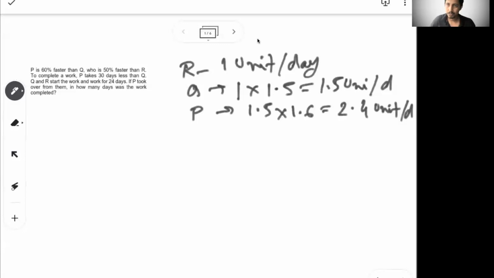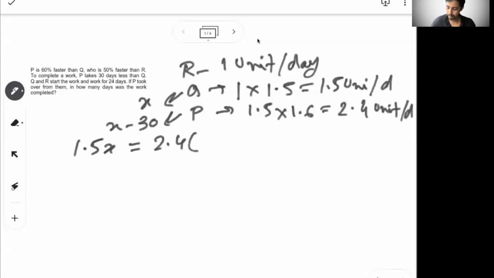So obviously the total amount of work should be the same. Let's say Q takes X days to finish the work. P will take X minus 30 days. In X days, Q will do 1.5X, because 1.5 units per day.